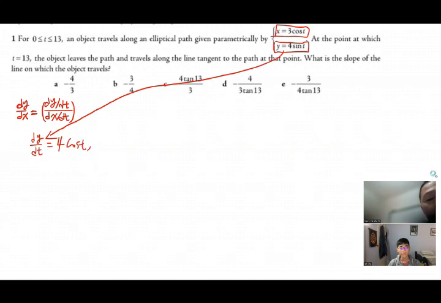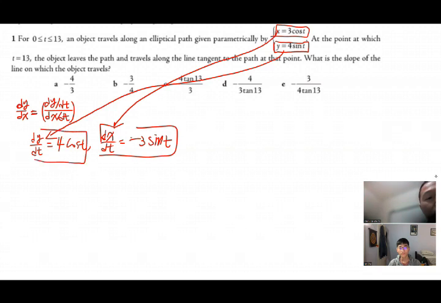And dx over dt: x is 3 cosine t, plug that into this formula, that is minus 3 sine t. So all you need is to plug these two equations into this parametric derivative of y with respect to x, right?